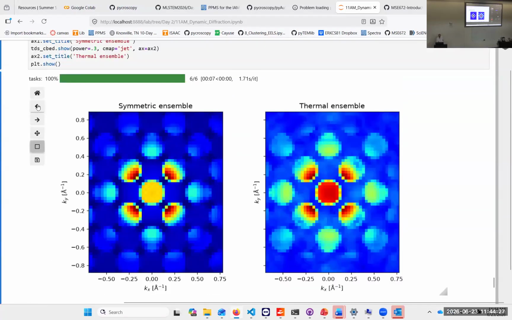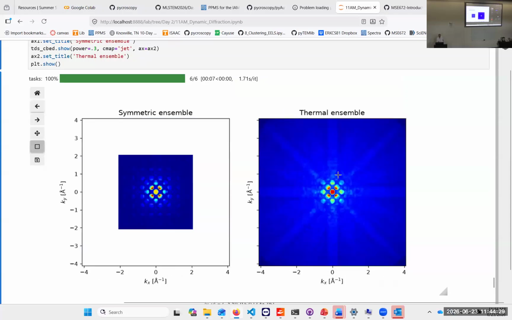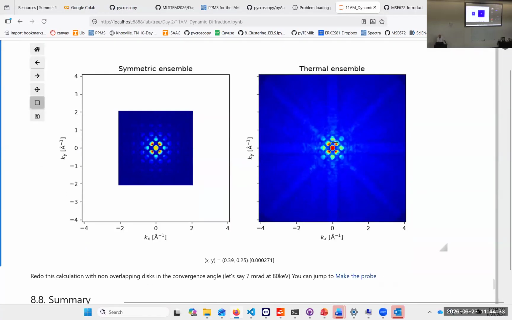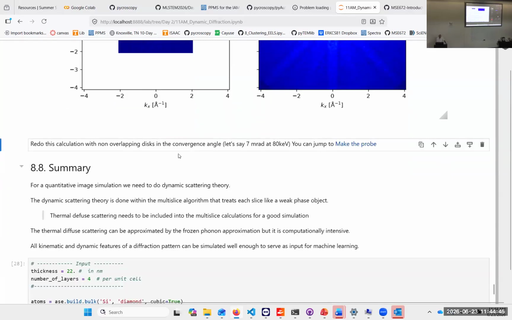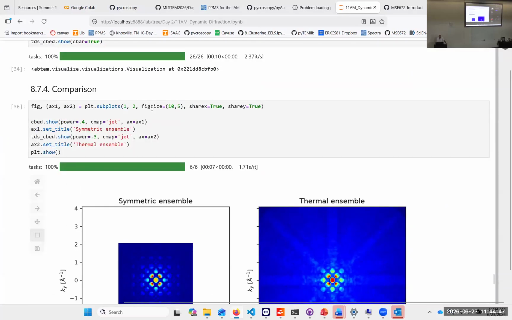But most importantly, now we also have our Kikuchi lines, and this is actually really how our diffraction patterns look. So it's very similar to what we saw.